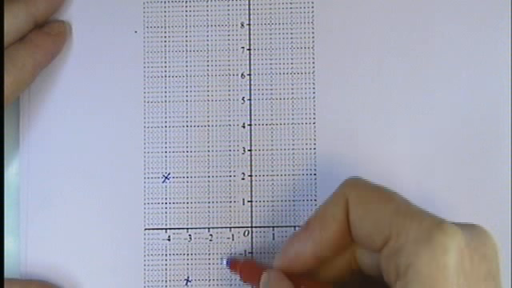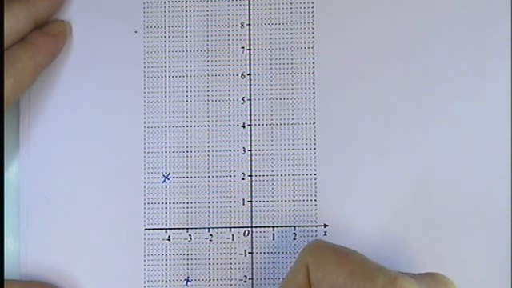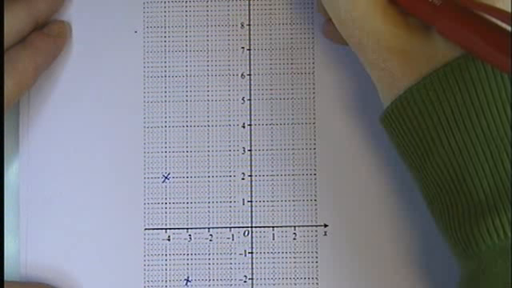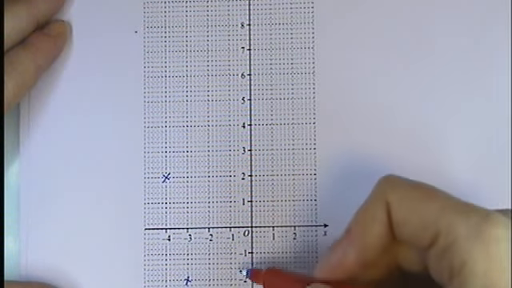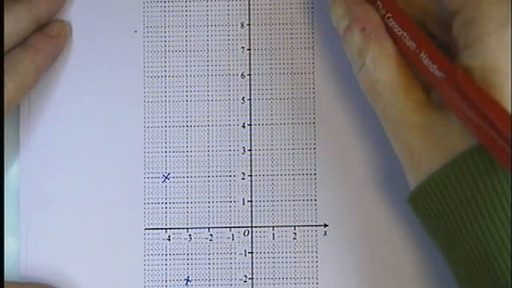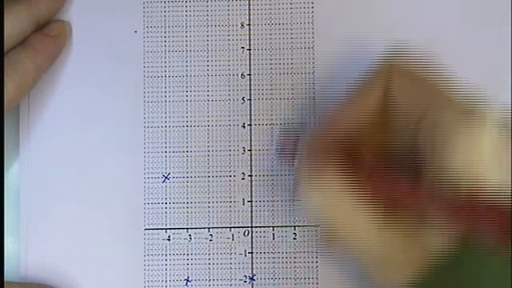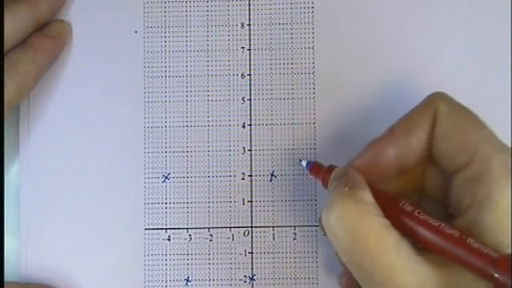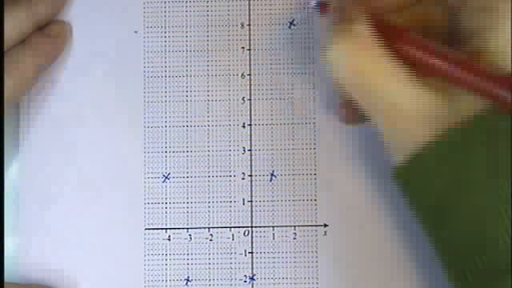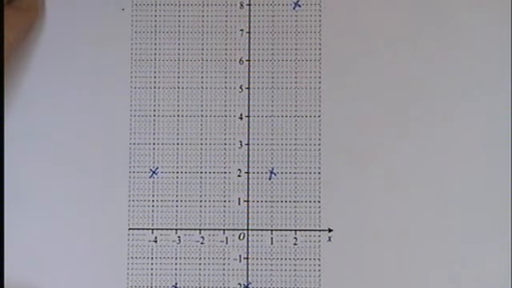So -1.5, -4.25, so that's about halfway, that's about a quarter of the way. (-1, -4), (0, -2), (1, 2), and the last coordinate we've been given to plot is (2, 8). So that's purely reading the values from the table that we've been given at the top of the question.